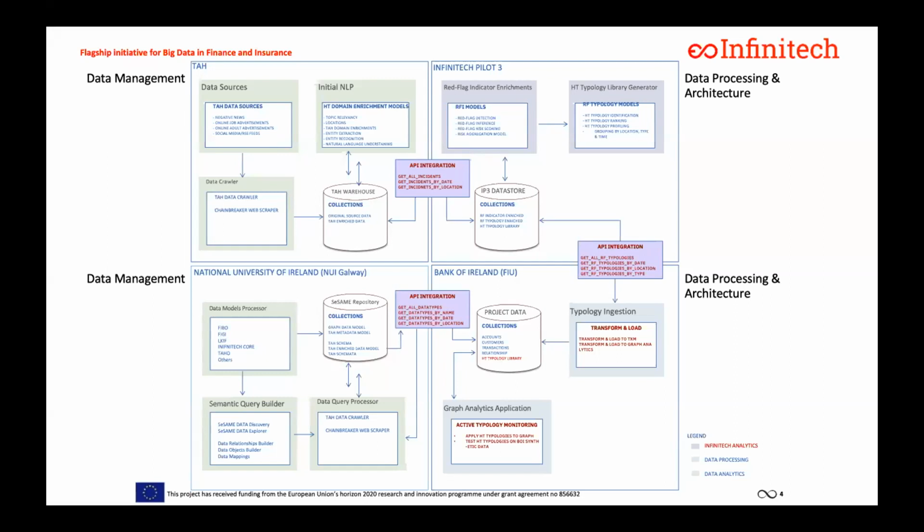To repeat, it is news from social media, basically advertisements, but these are non-structured data sets, and that's why this data crawler gets the data from web services or APIs from Twitter or Facebook, and then processes it in collections of data in what we call the traffic analysis hub warehouse. Enabling APIs facilitates this interaction with the data stores in pilot 3.